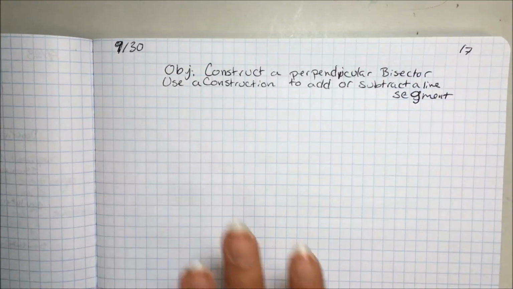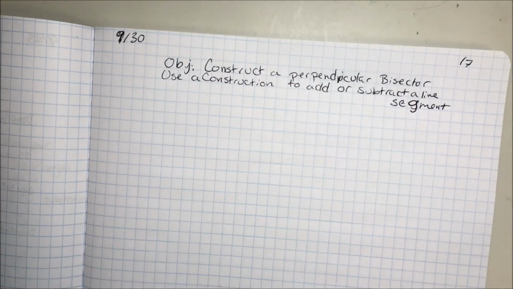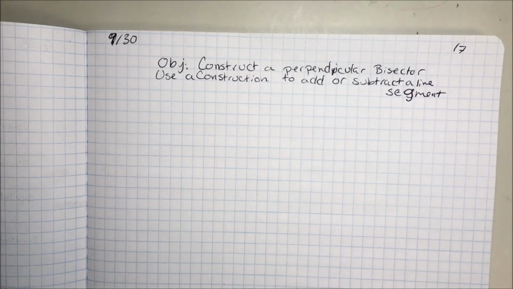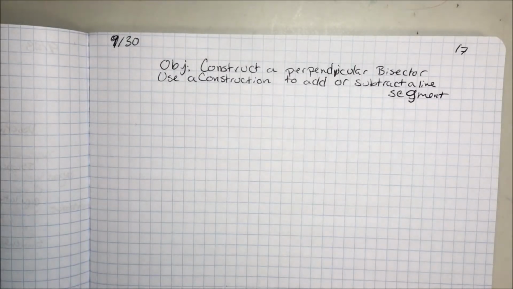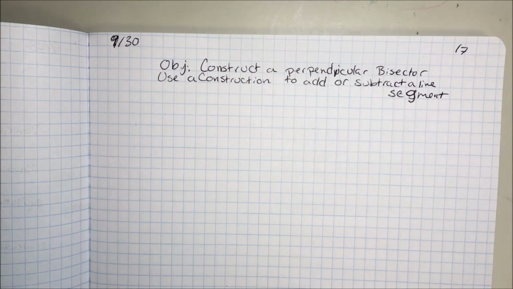That's good. Okay, so we will need our blue. I believe blue is definitions, right? Let me double check. Yep, blue marker or writing utensil. So what is a construction?